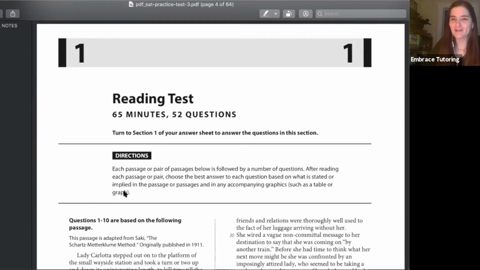Which is important to note: before you take the test, everyone, make sure you're eating healthily. The day before your test, you should always do a little bit of review of your key concepts, looking over specific question types, just to remind yourself how to approach those questions when you see them, and review your strategies for each section.